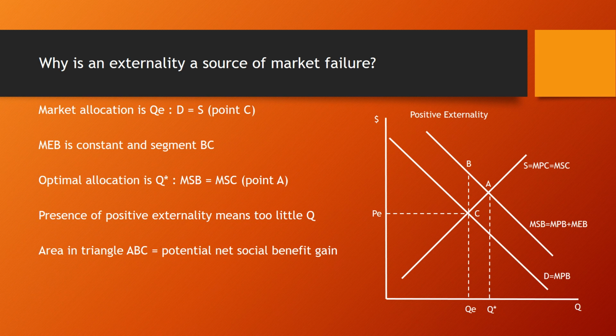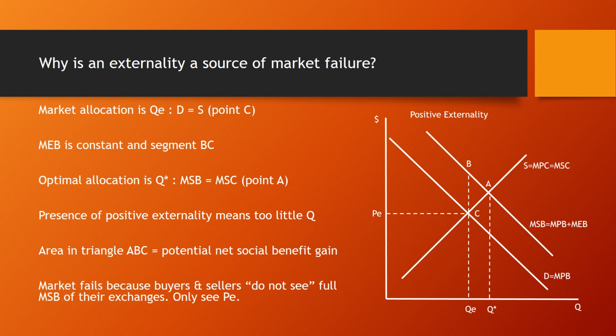Look now at the area in the triangle ABC. The area is a dollar measure of how far short the market falls from maximizing net social benefit. We can also say the area in ABC is the potential net social benefit to be gained by correcting the positive externality market failure.